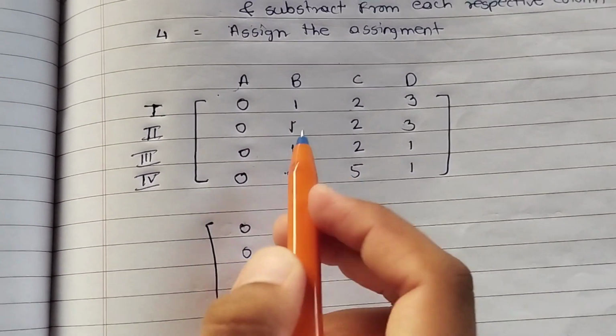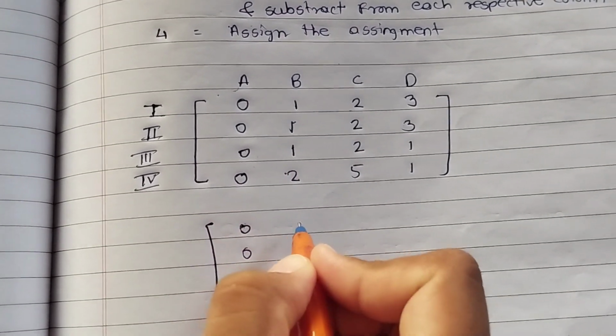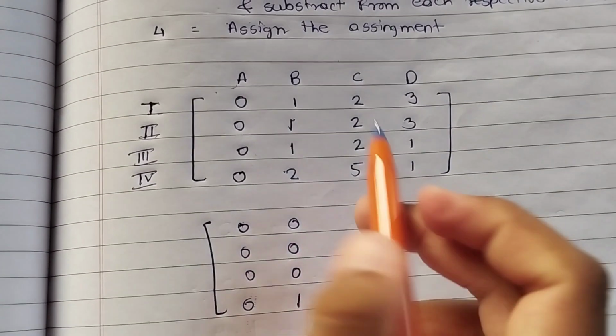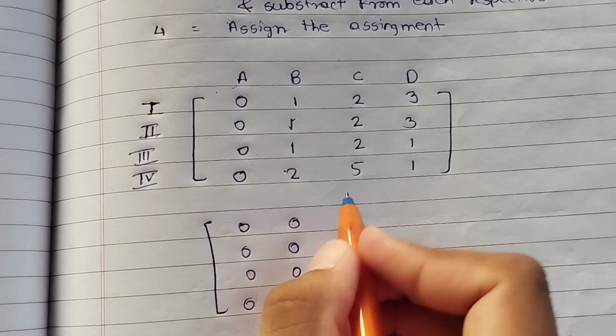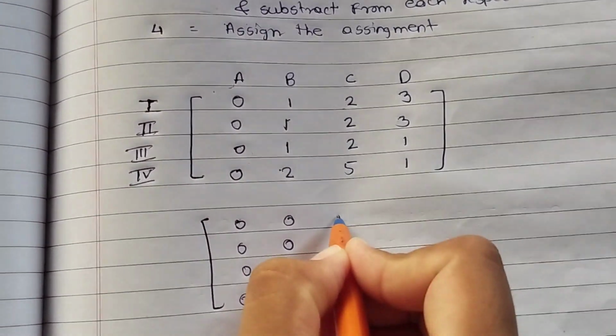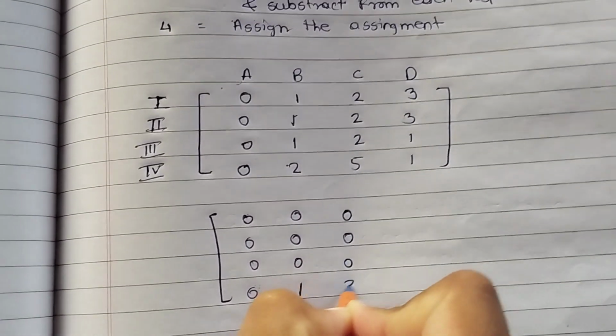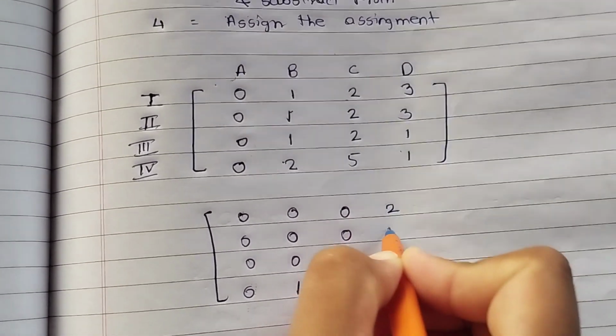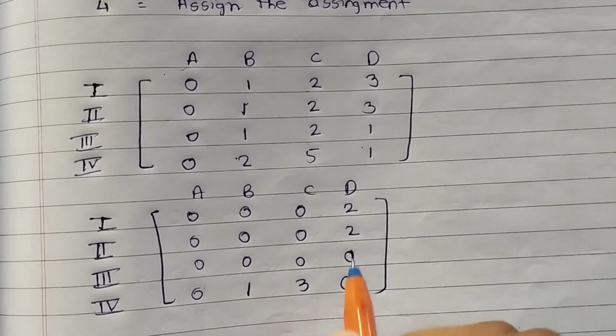Now in the second column, 1 is the smallest, so 1 minus 1 is 0, 0, 0, and 2 minus 1 is 1. Now from the third column, 2 is the smallest, so 0, 0, 0 and 3. From the fourth column, 1 is the smallest, so 2, 2, 0, 0.